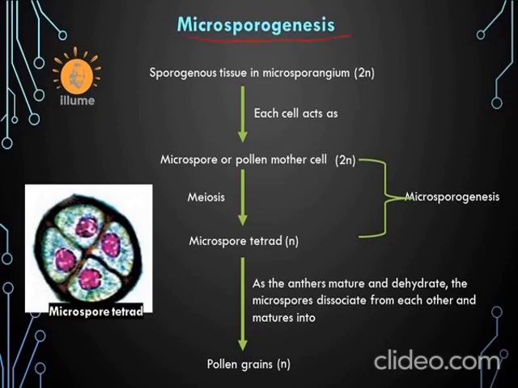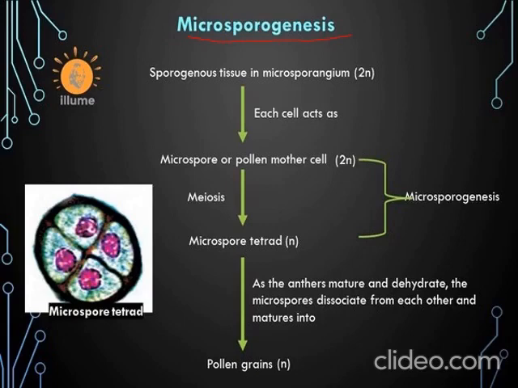If you recall the structure of the anther walls, we have gone through the LS of the anther. We have seen the anther wall is made up of 4 layers: epidermis, endothecium, middle layer and tapetal layer.